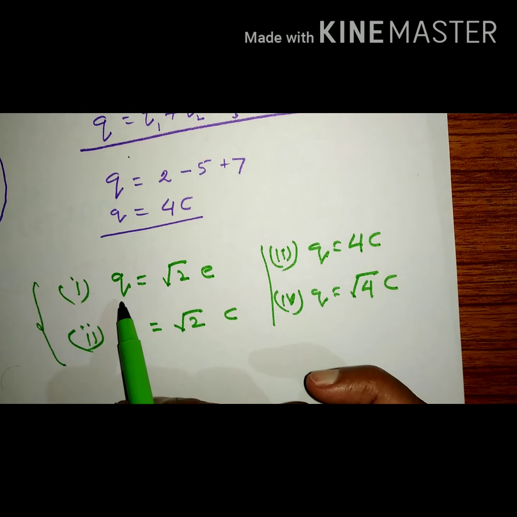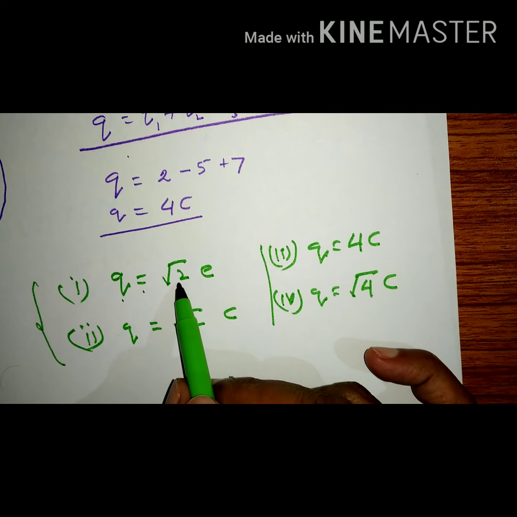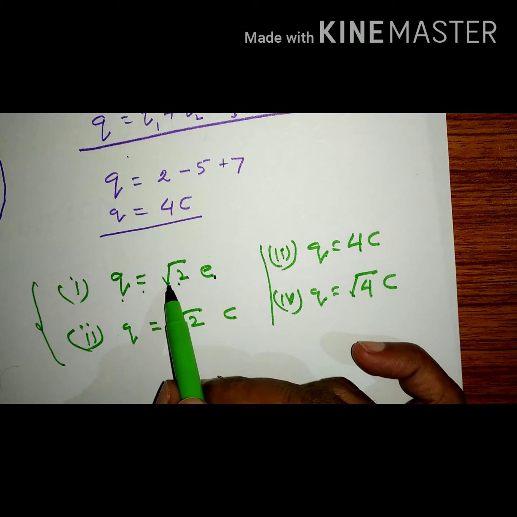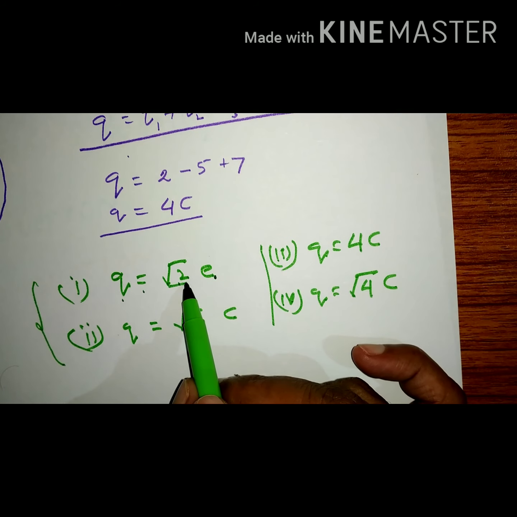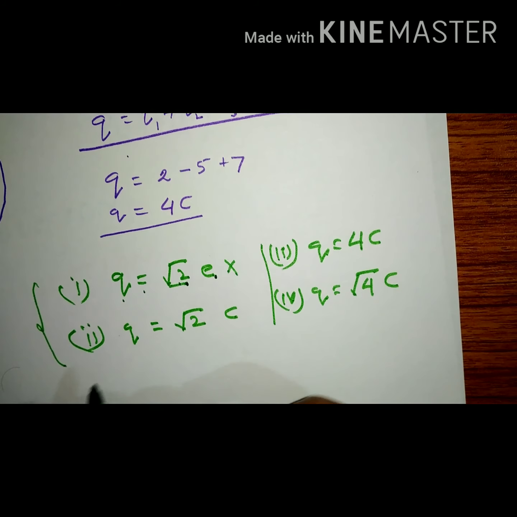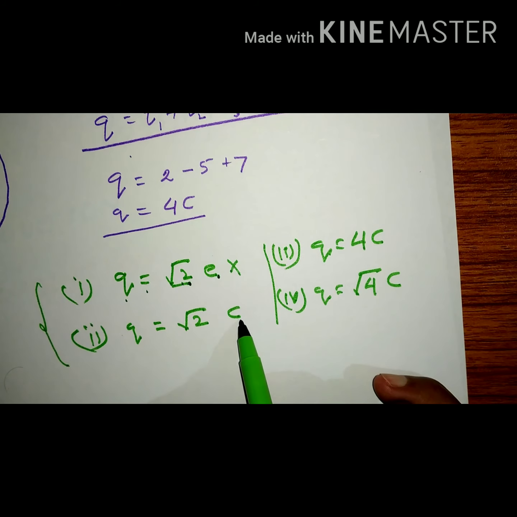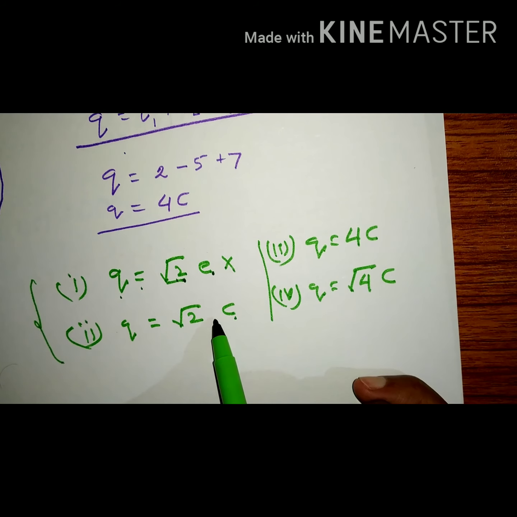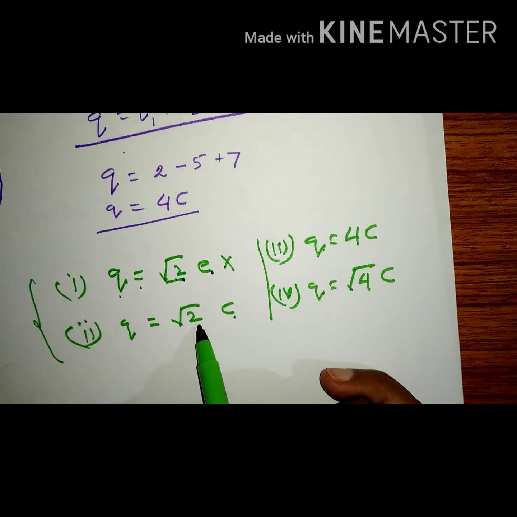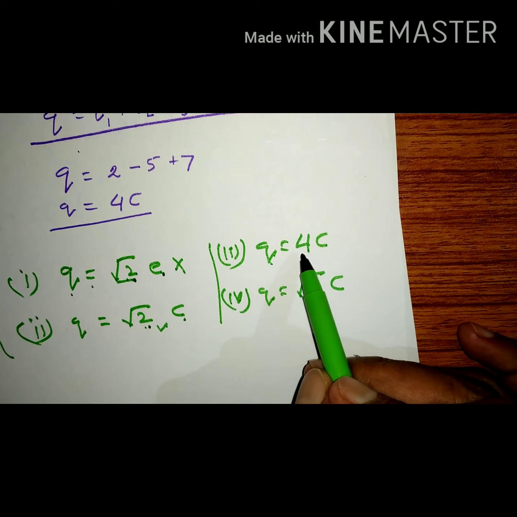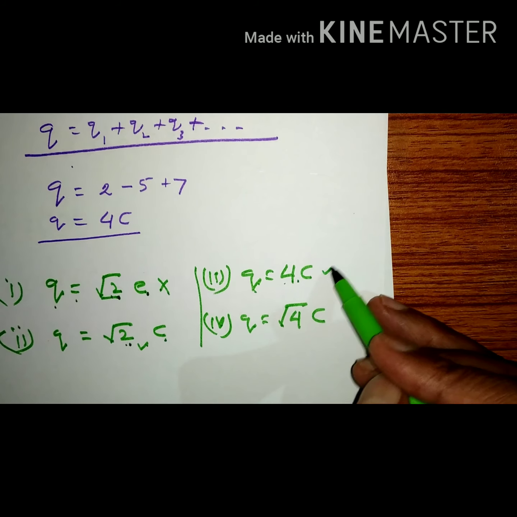So here Q is in the form of integral multiple of e, but root 2 is not an integer. So this is not possible. Root 2 coulomb is not in terms of the multiple of e. Q equals 4 coulomb is the total absolute charge on a body, which is possible, always correct.